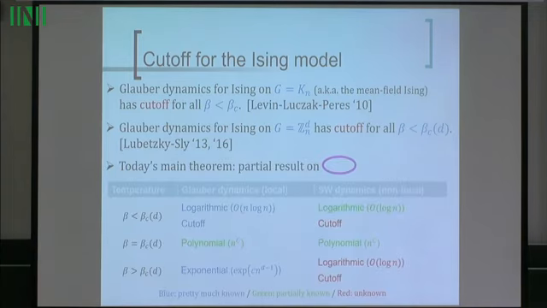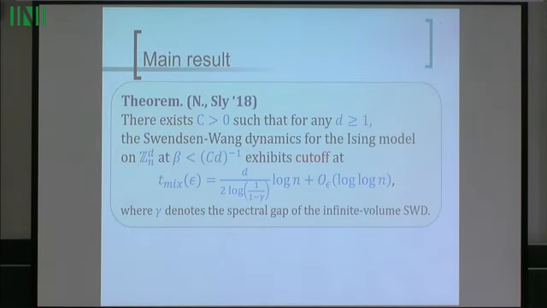And today, our main result shows that the Swendsen-Wang dynamics at high enough temperature has cutoff. So our result can be stated as follows. There exist some explicit thresholds so that if our beta is below that, then the Swendsen-Wang dynamics on the lattice has cutoff at this time.